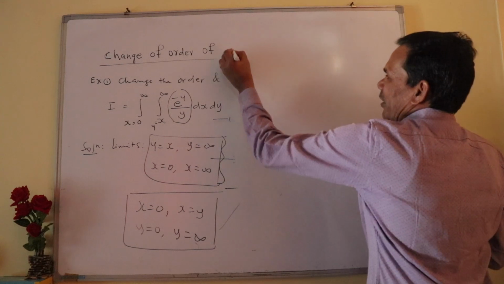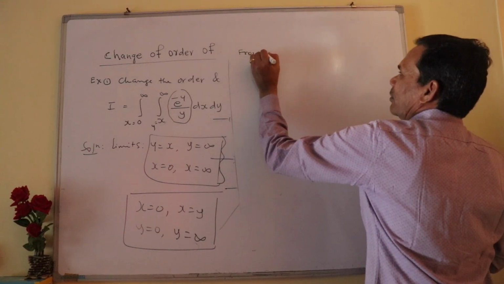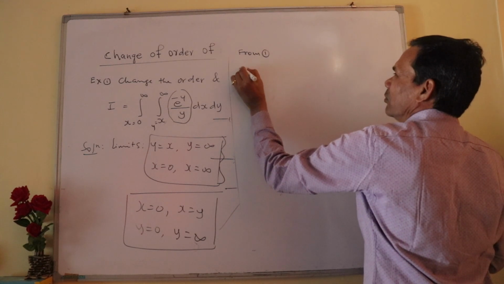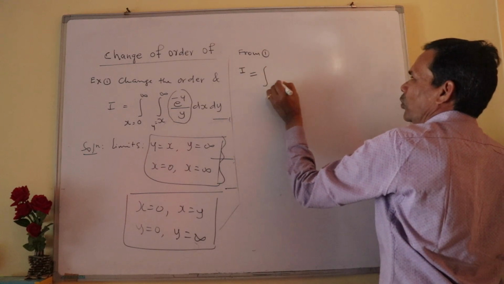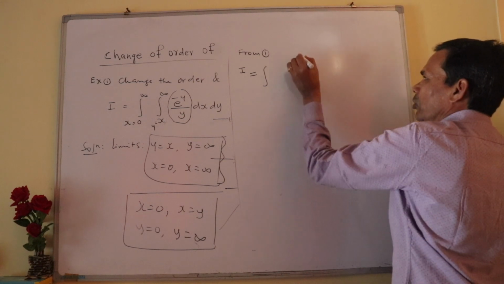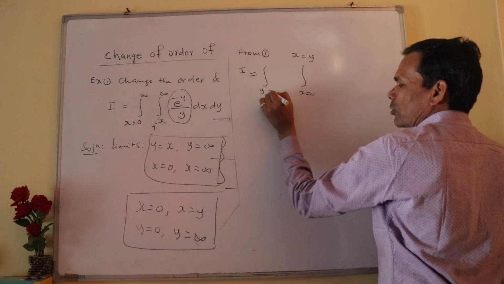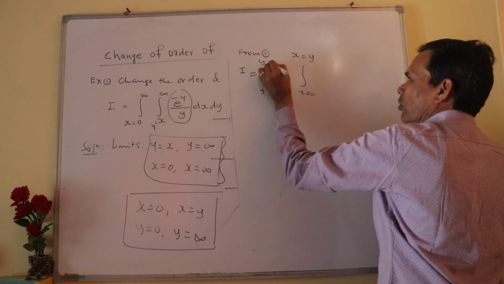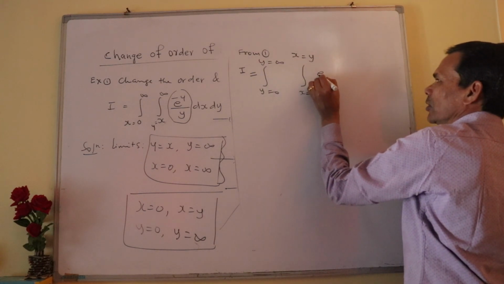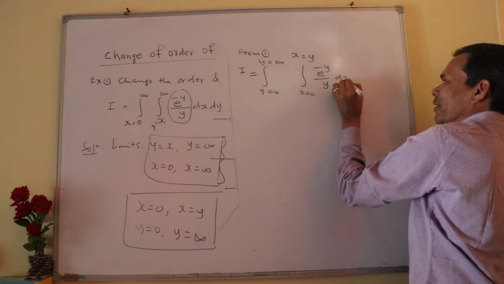I is equal to the integral with new limits: x is equal to 0 to x is equal to y, y is equal to 0 to y is equal to infinity, e raised to minus y divided by y, dx dy.